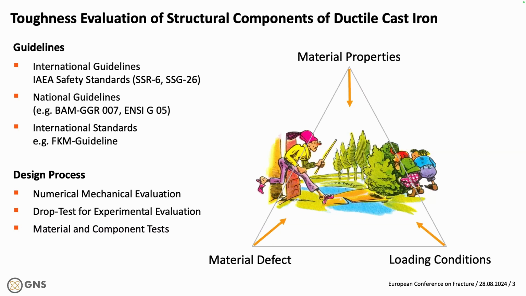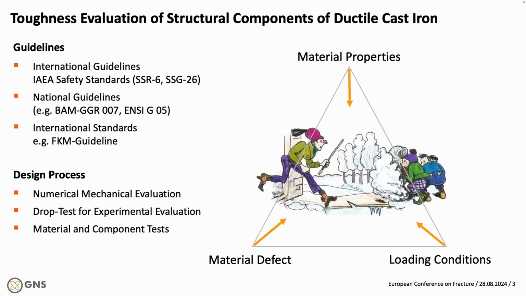And this regulation has some special requirements. For example, the temperature, it's minus 40 degrees, and we have to exclude the fracture initiation. And the minus 40 degrees have some special things.